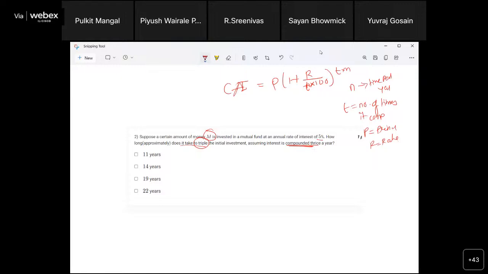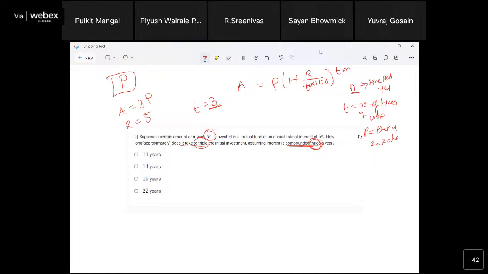Here it says triple the investment amount. Suppose we have invested P, then how long will it take to triple the investment? So my amount A is thrice P, and R is 5%. Compounded thrice a year means the compounding number is 3, and we have to find the time period.